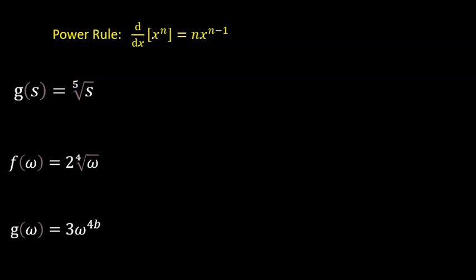Okay, so what do I do? I have a square root. I have to get rid of that square root because I can't progress forward. I have to make it look like this. When you have a square root, you're going to turn it into parentheses and you're going to do 1 over 5.